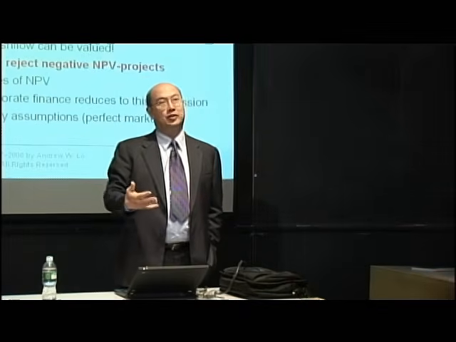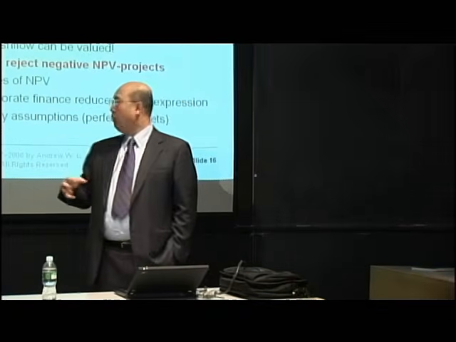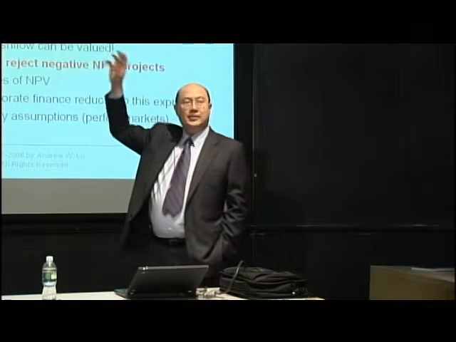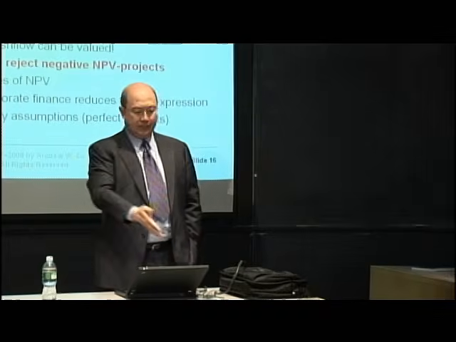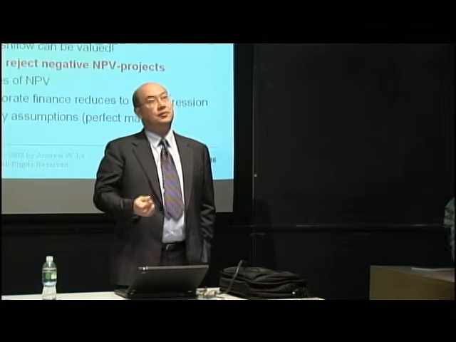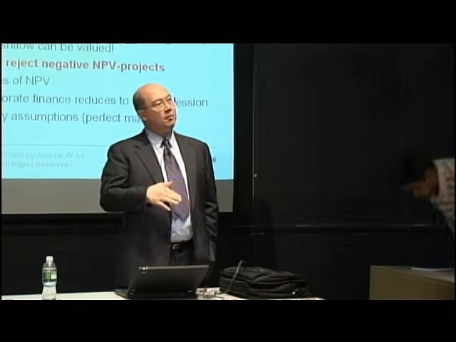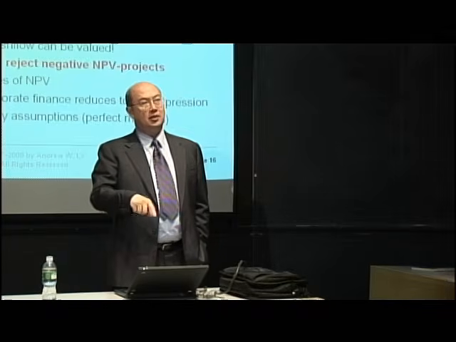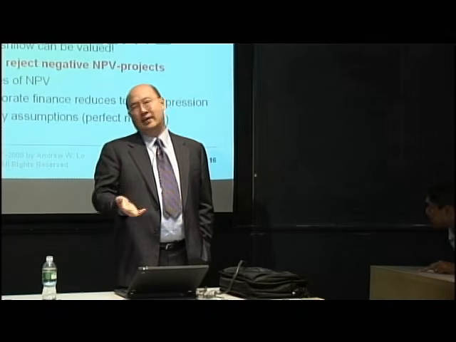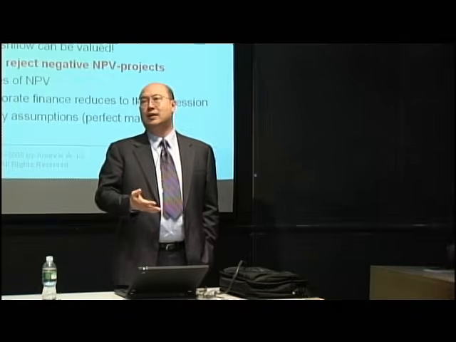That's by assumption. And in that world, when I give you the value of a sequence of cash flows, this V sub 0, if I want to denominate it in dollars, then presumably all the cash flows have to be in dollars. If I want to denominate it in yen, then the cash flows have to be in yen.